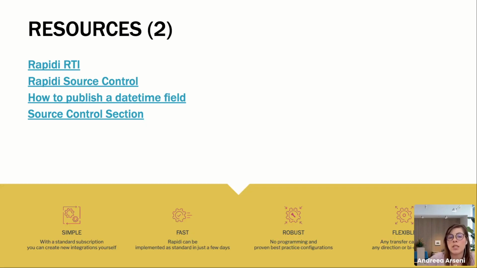So this one is, I would say, a detailed article about that, and could help you to actually publish that field and have it available on those specific objects or tables that you are using. And then another part would be the source control section, which consists of more details about source control and the options that you have there.